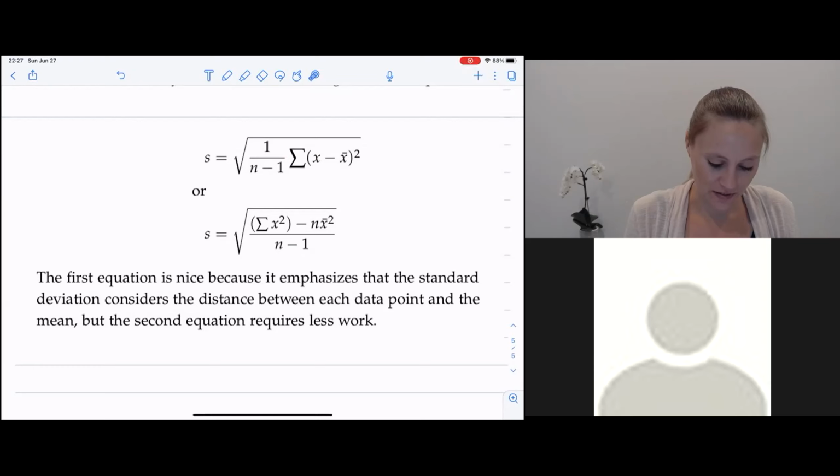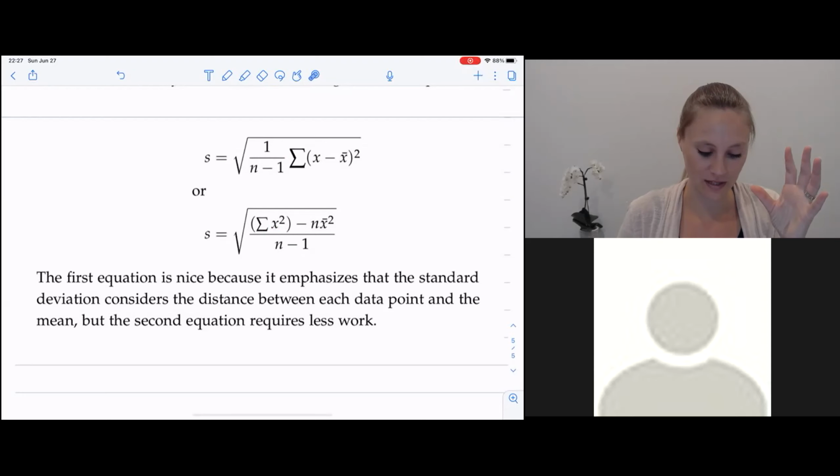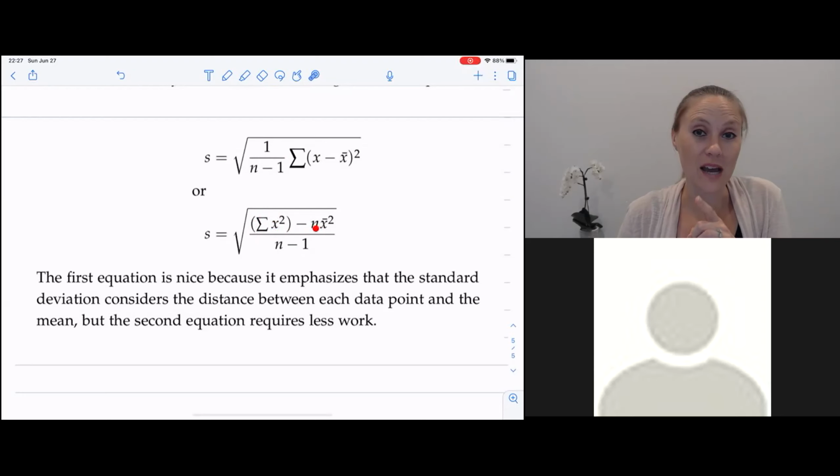Another option is to square each individual x and then add them up, and that's going to be the sum of the x's squared. And then you already have x bar from earlier, which you can square and multiply by n, and then subtract that from the sum of the x's squared, and then divide by n minus 1, and then take the square root. We're going to do an example.